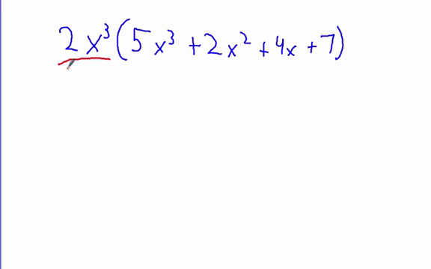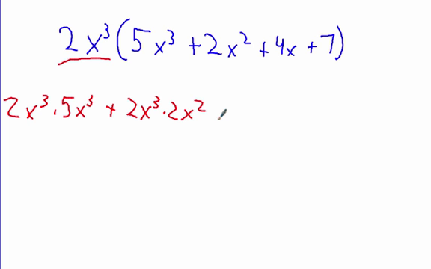So if we expand this out, we get 2x cubed times 5x cubed plus 2x cubed times 2x squared plus 2x cubed times 4x plus 2x cubed times 7. Alright, so we've distributed it out, multiplied our 2x cubed by every term in the polynomial.